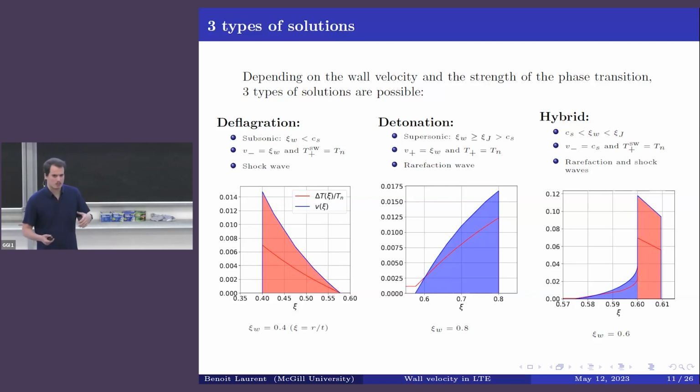Because of that, they will behave very similarly compared to the detonation, which is completely different, as we will see. In particular, the transition from deflagration to hybrid is done continuously, while from hybrid to detonation it is discontinuous.